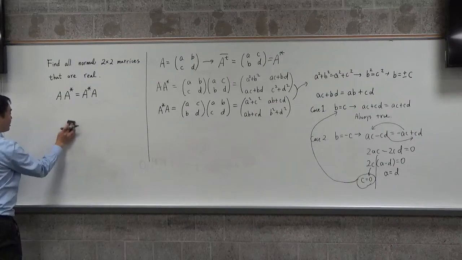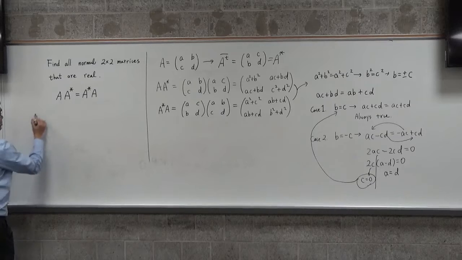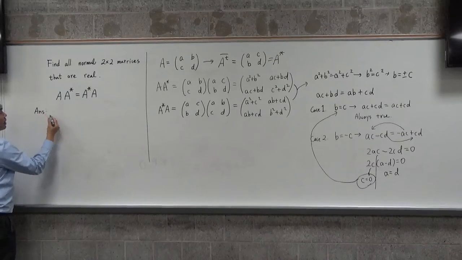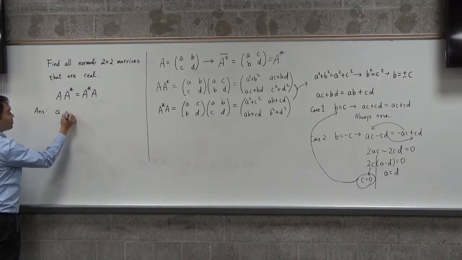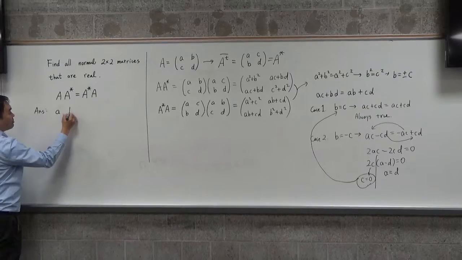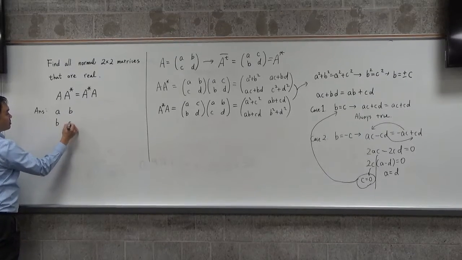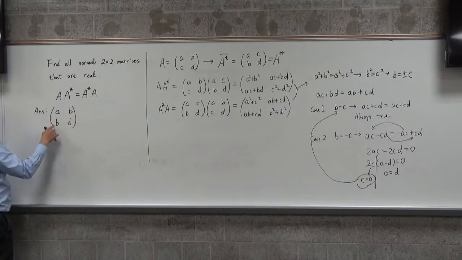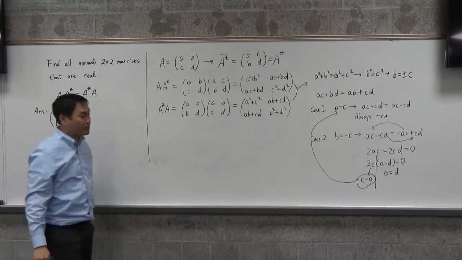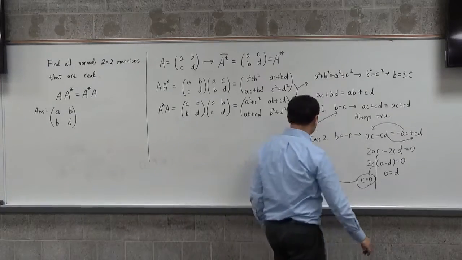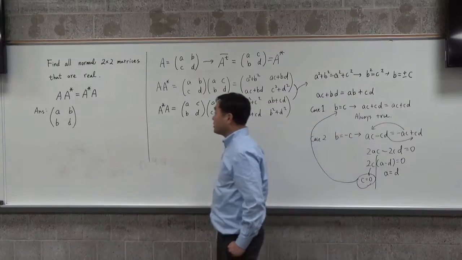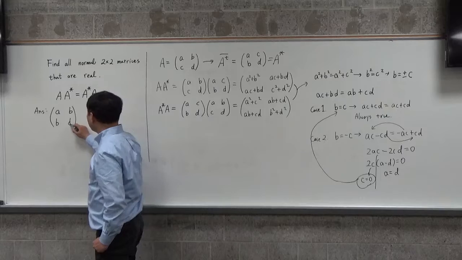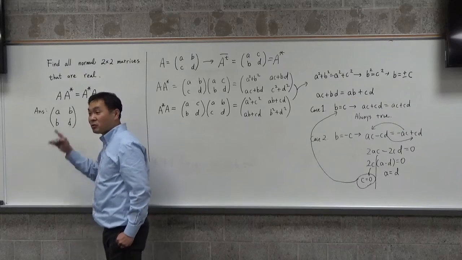The answer is that there are two classes. Either you have A, B, B, D. So B and C should be equal, and that's the case where it's symmetric, right?